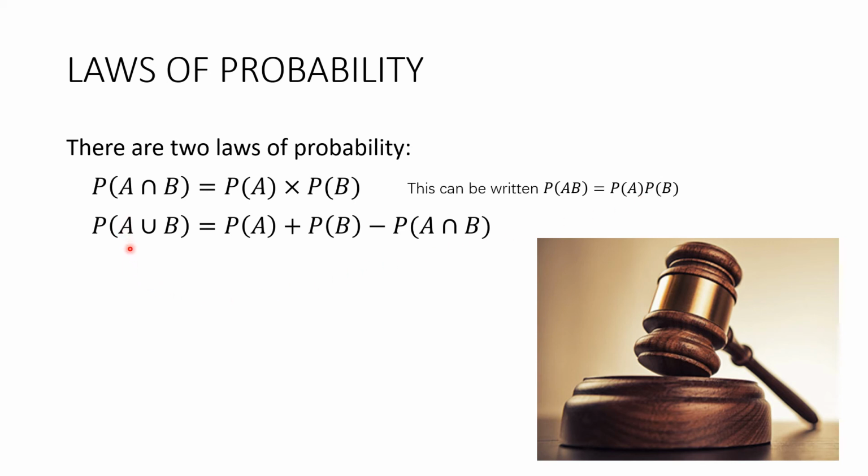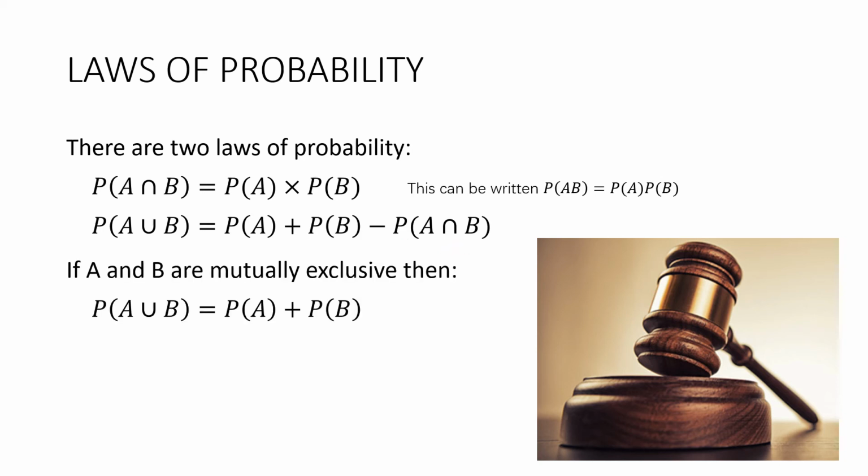The probability of A union B is equal to the probability of A plus the probability of B take away the probability of A intersection B. Now here's the thing. If the events are mutually exclusive, then this part here is going to be equal to 0 because there's no overlap. So we will just write it like this. But on your formula sheet, you're only going to be given this formula and this one. So you'll have to work this part out yourself.